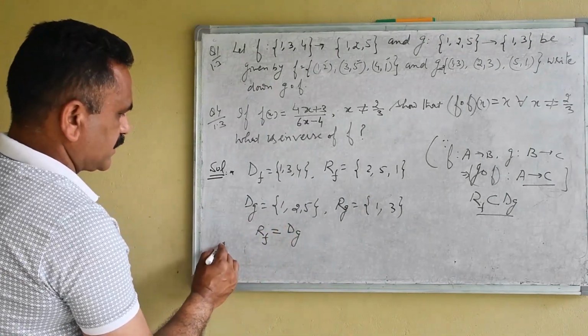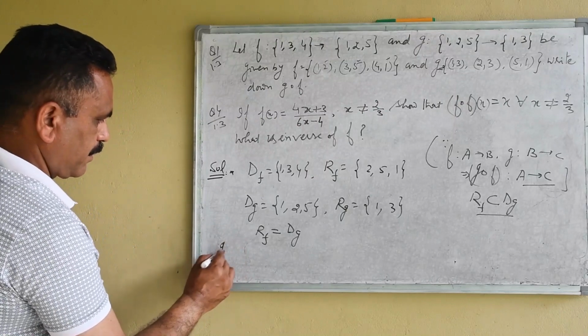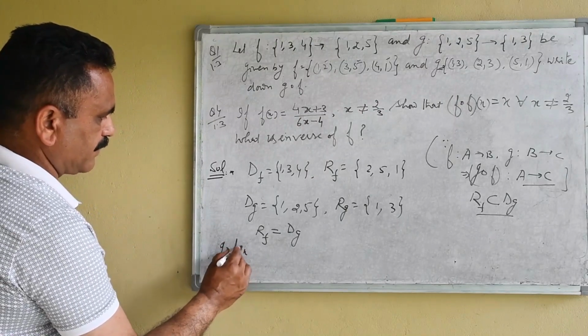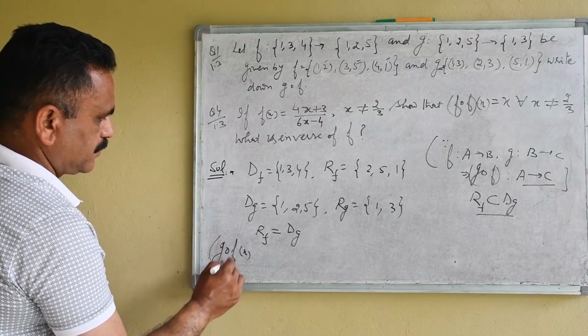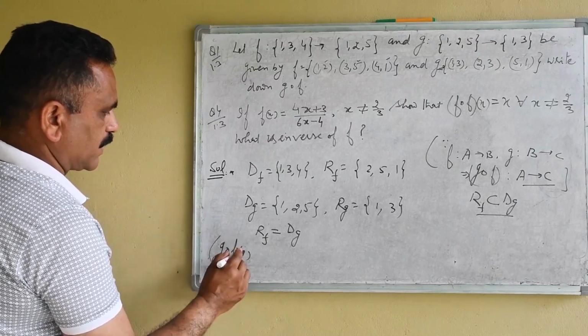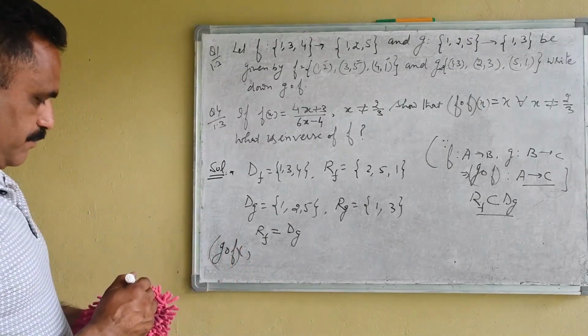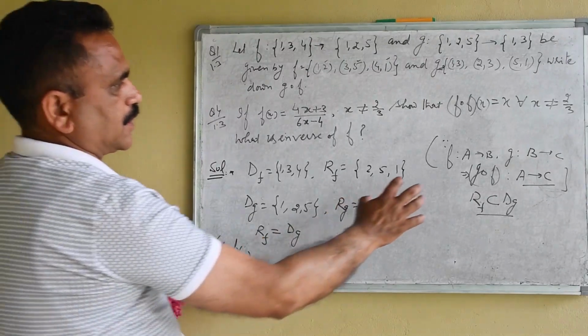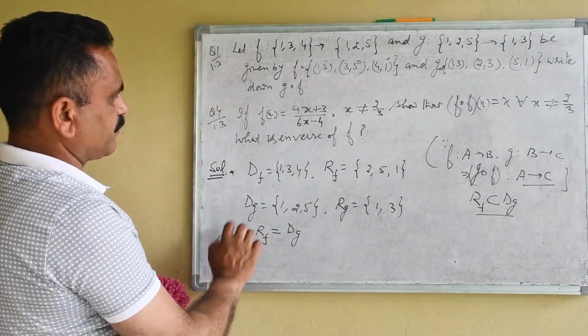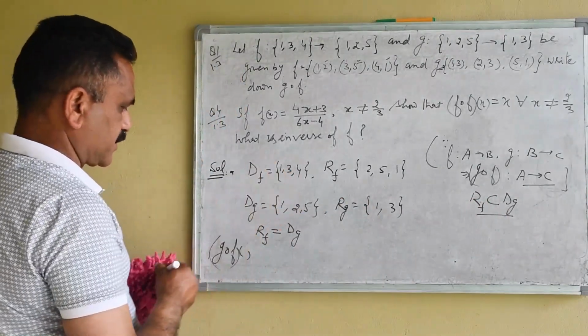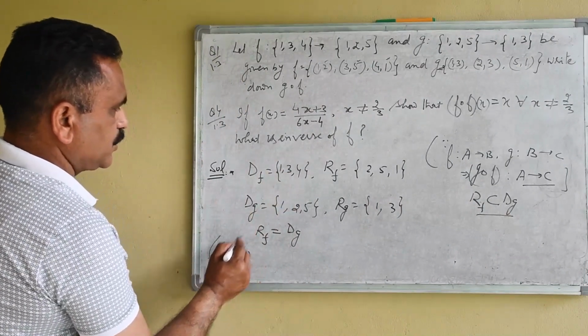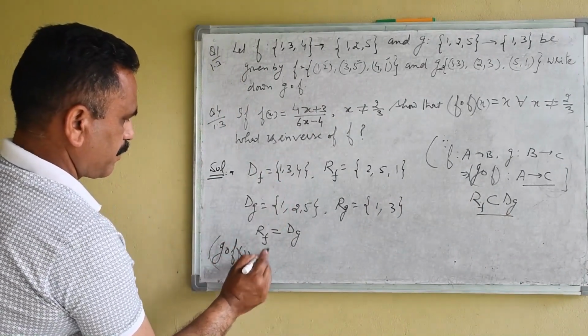Therefore, what is g of f? Now g of f(x) is defined. For g of f, the domain of this composite function will be the domain of the first function. So that is g of f(1).